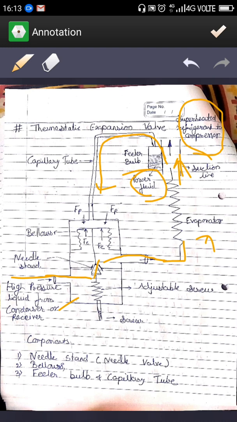As the pressure increases, the force F of P also increases, and when F of P becomes greater than F of E, it forces the bellows down, causing the needle to go downward and open the valve. Due to this, the liquid refrigerant starts moving toward the evaporator. Okay, simple one.